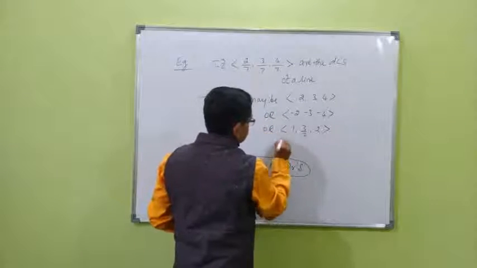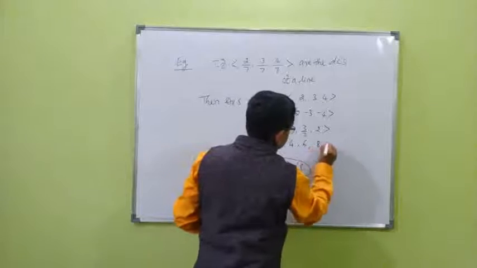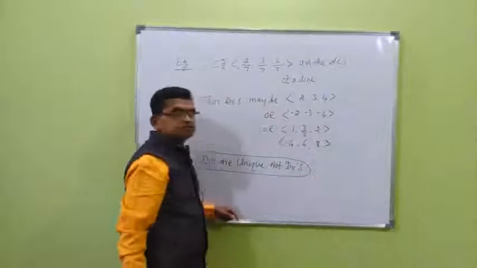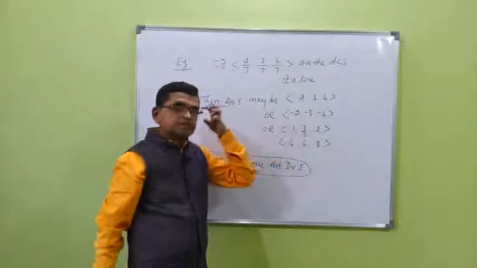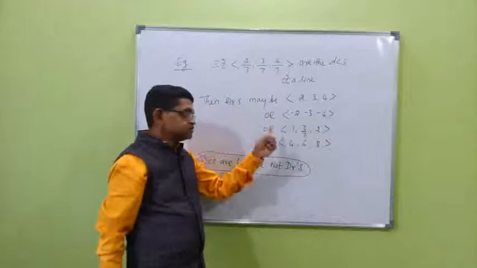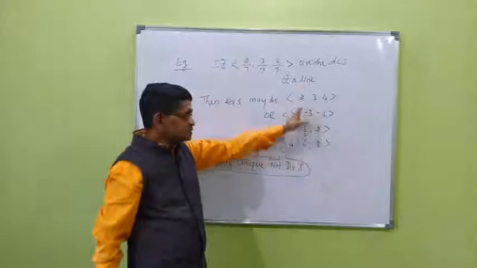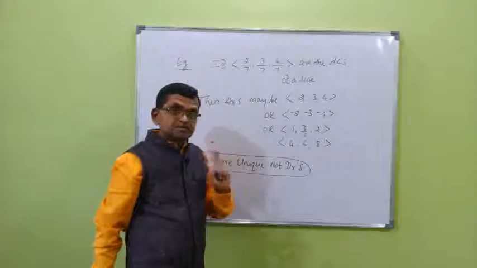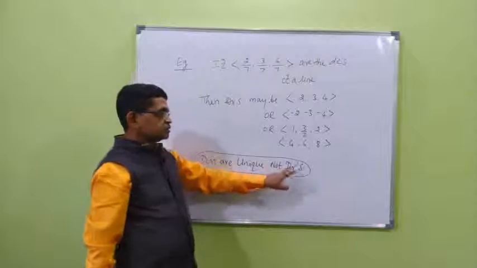If you multiply by 2, 4, 6 and 8, this is also a direction ratio. Thus any proportional numbers may be direction ratios that satisfy L by x is equal to M by y is equal to N by z. In all the cases, the relation is satisfied. Thus direction cosines are unique, not direction ratios.